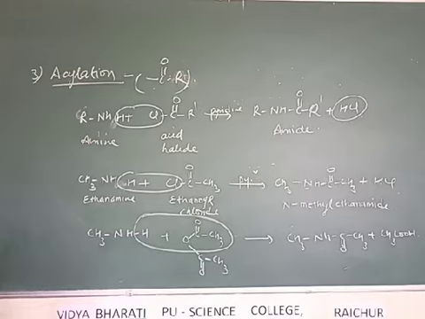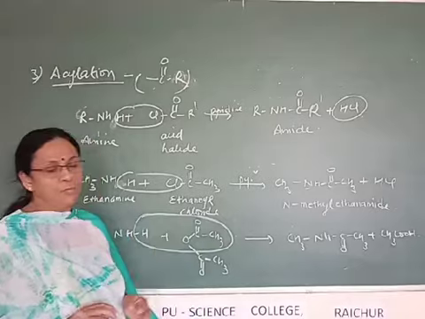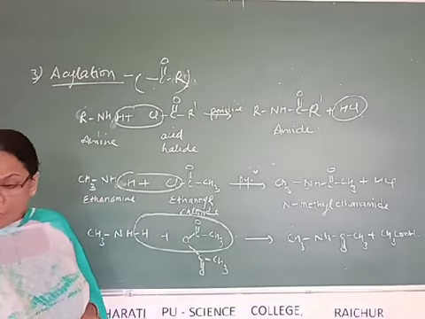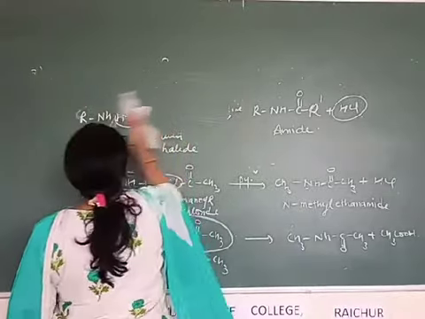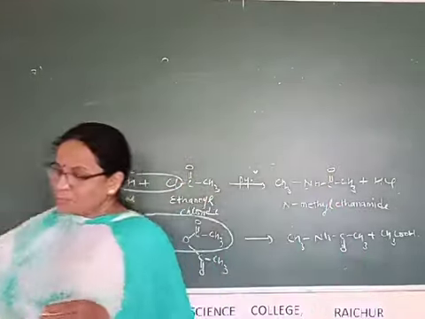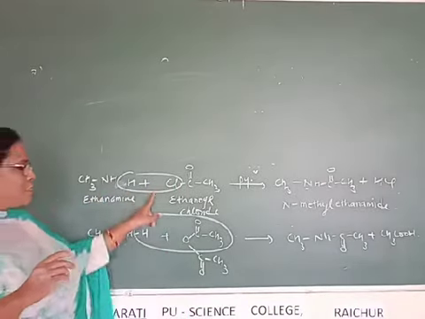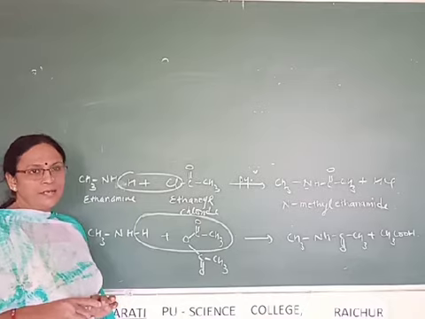You can take acid halide or acid anhydride or ester. Similarly, the reaction will be with ester. In case of ester, alcohol will be removed. Okay. But if you take carboxylic acid, what will happen? Here you are taking acid derivatives. These are acid derivatives. So you are getting amide.